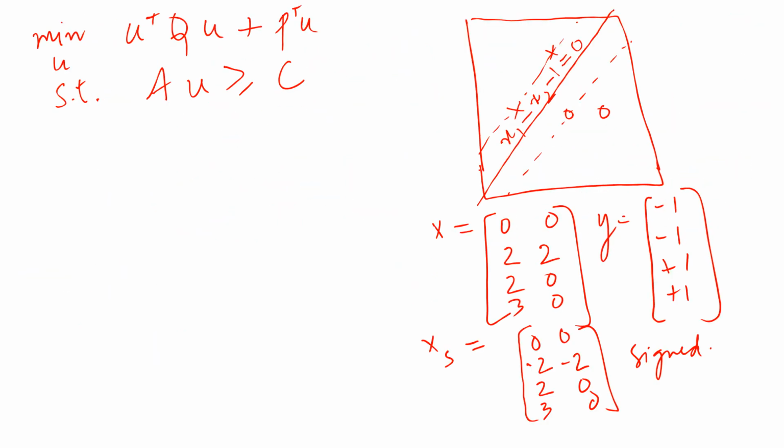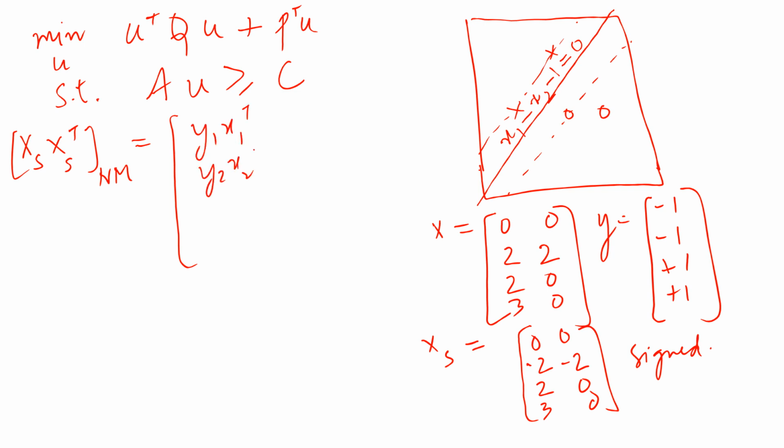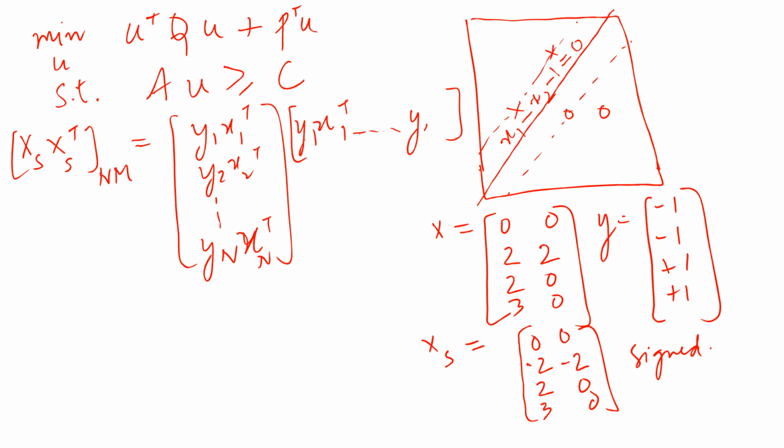Well, if you look at any n-mth term, this is nothing but the signed matrix that we have: y1 x1 transpose, y2 x2 transpose, and so on, yn xn transpose, multiplied with the row y1 x1 transpose, because remember we need that xn xm, and so that's what we're going to extract just by looking at this.